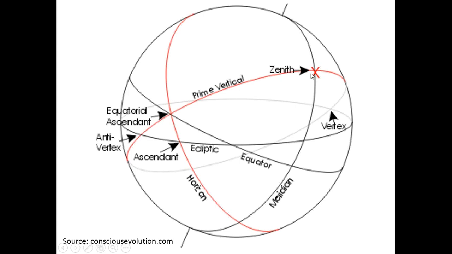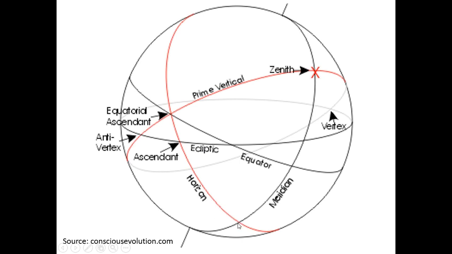And the zenith of that horizon is this X right here. And so somebody born right here on planet Earth, northern latitudes, if we carried that horizon circle to the middle of the Earth, it'd fall right here. And so wherever that horizon crosses the ecliptic, we have the ascendant. Opposite that is the descendant.